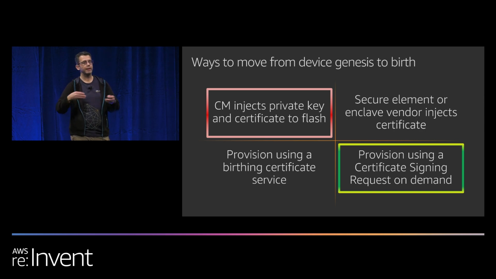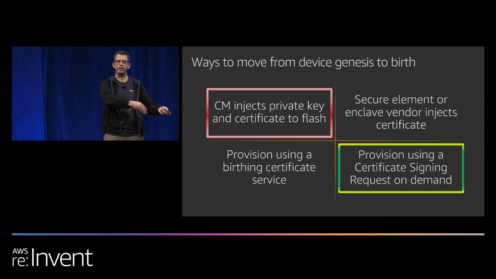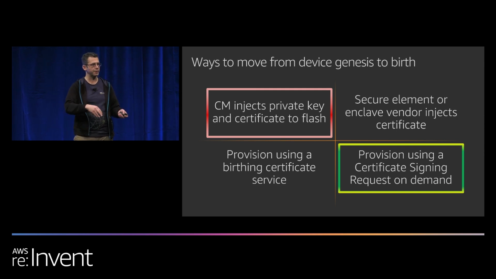Then the cloud can do some cross-checking, which I'll talk about a little bit later, and then generate a certificate for you, and then send it back to the device, and then you can connect to IoT Core. So this is what I call lazy loading a certificate, in a process that I developed with Texas Instruments earlier this year.